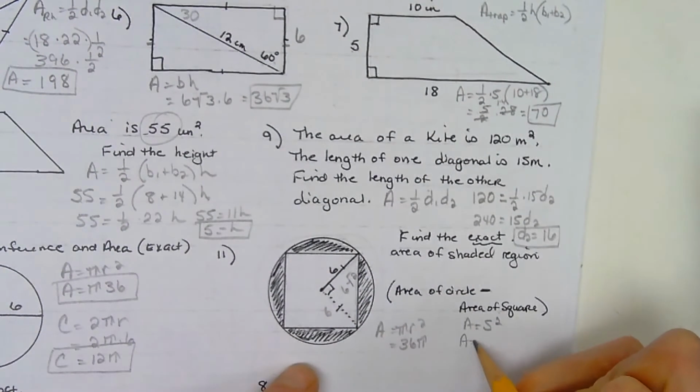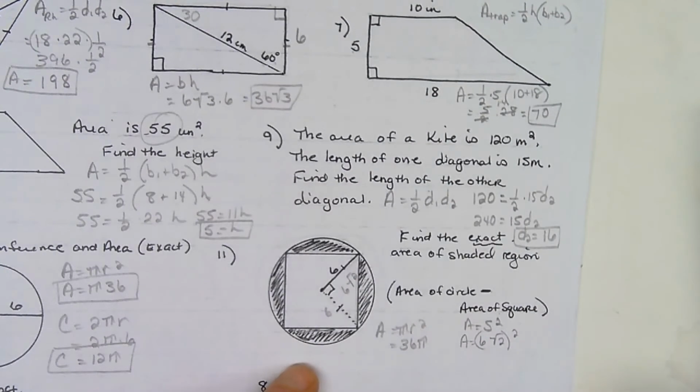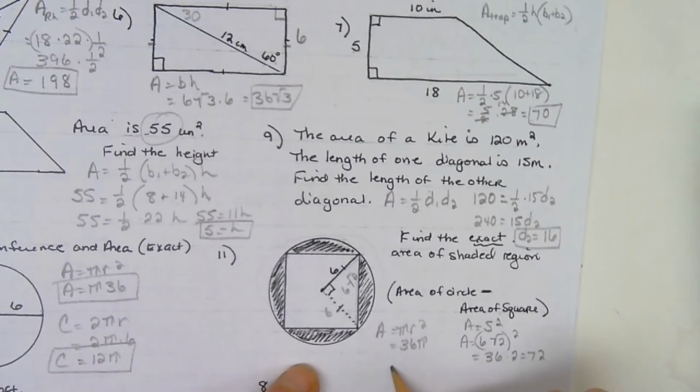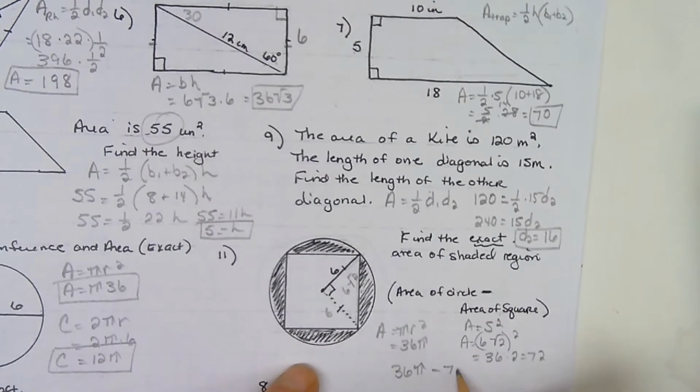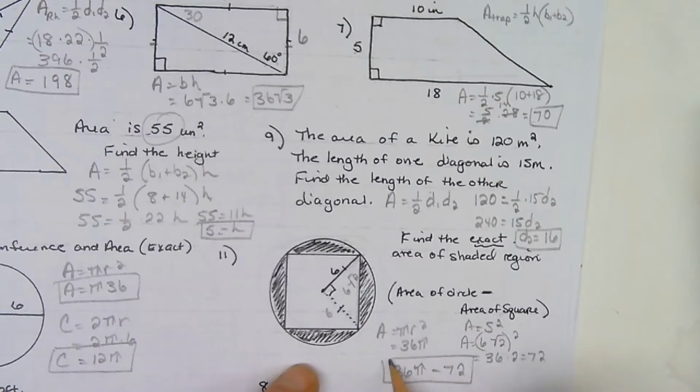So the area equals 6 rad 2 squared. That's equal to 36 times 2, which is 72. So I can take the area of the circle, 36 pi, and subtract 72 from it. That's the area of the square, and that is the area of the edges left over.